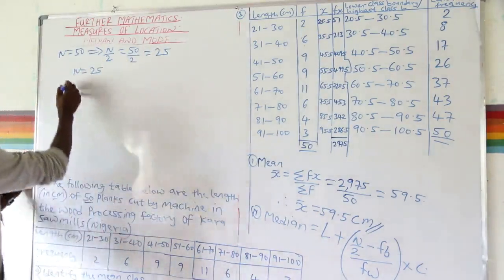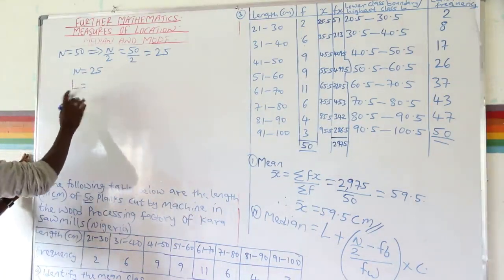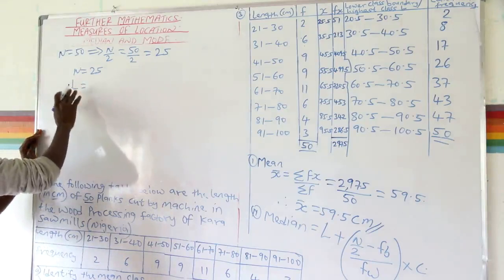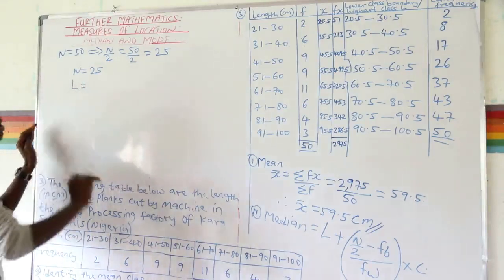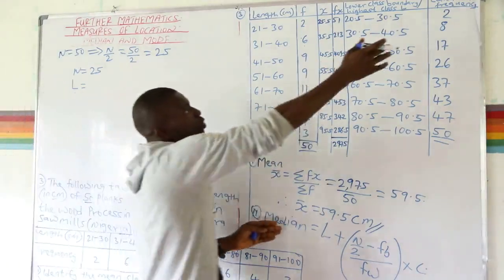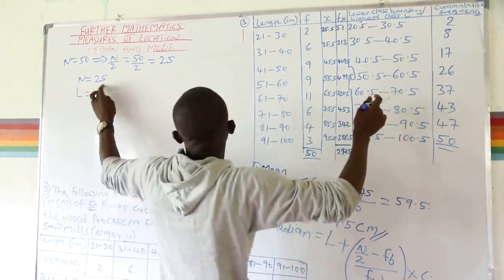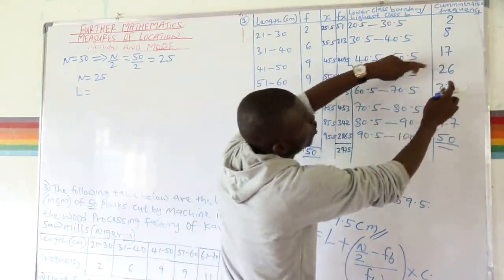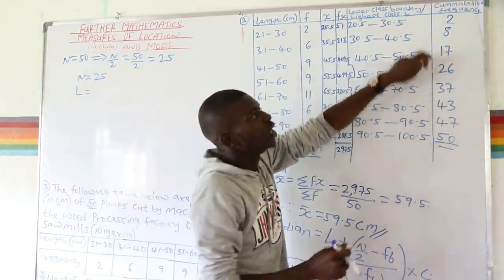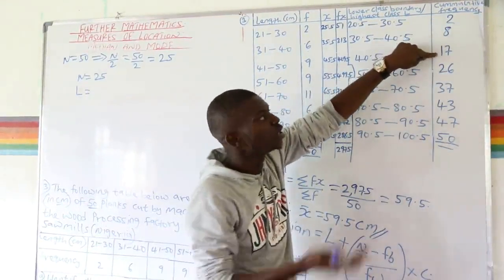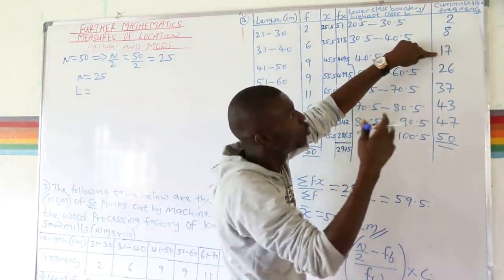To find your L, our L is our lowest class boundary. Now look at the cumulative frequency. Our n over 2 is 25. So our 25 falls under this 26. If you choose 17, you are wrong because 17 is less than 25.